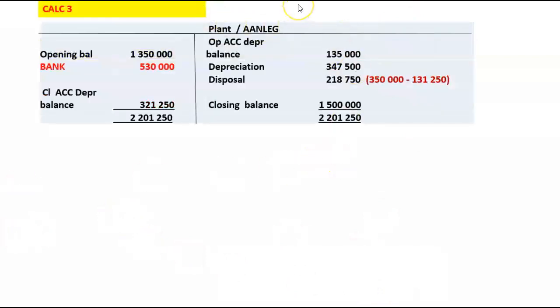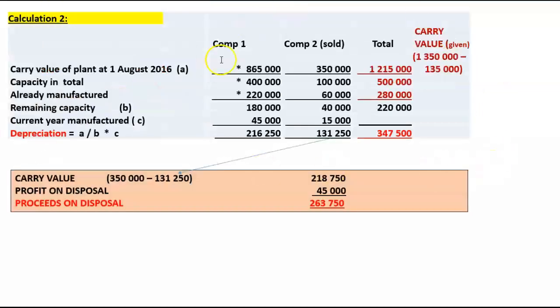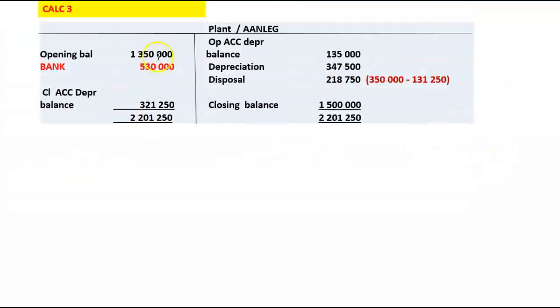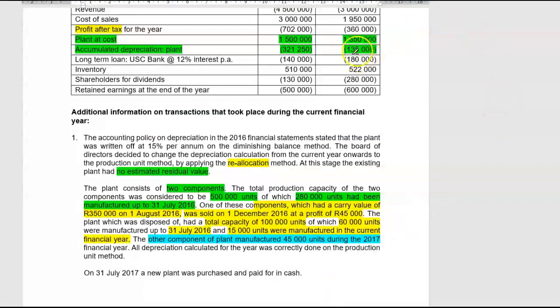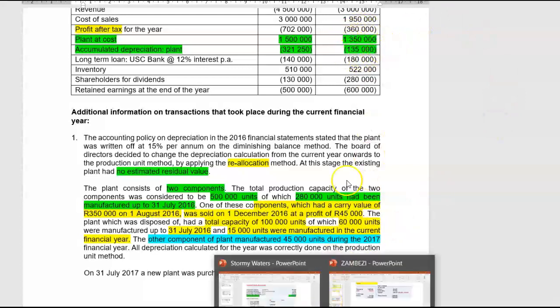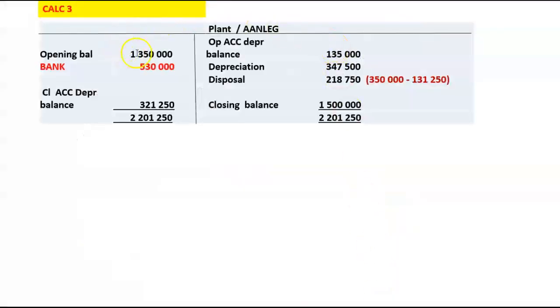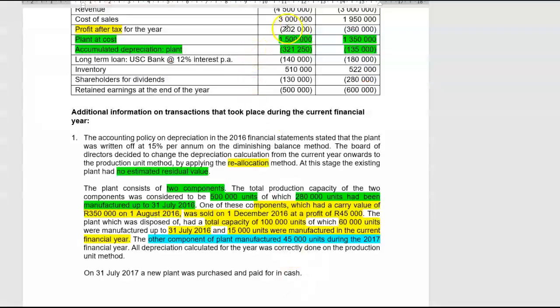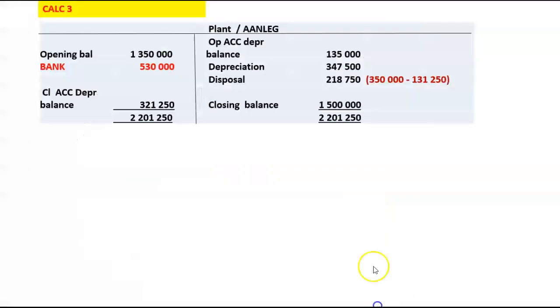Now for that we need a combined account once more, because we are only having the carrying values in this calculation that we've done. Now if you look at our opening balances, cost 1,350,000, accumulated depreciation 135,000. Our closing balances: cost 1.5 million, accumulated depreciation 321,250.